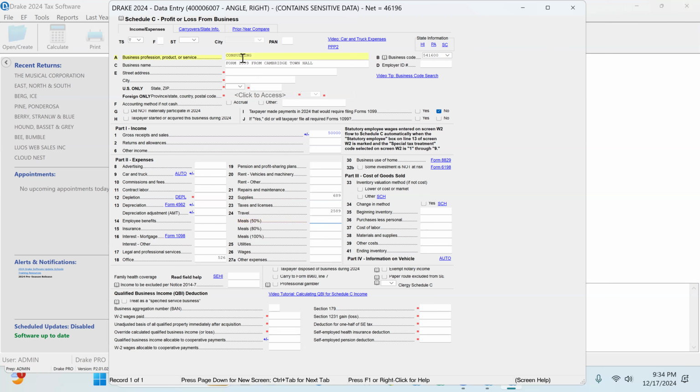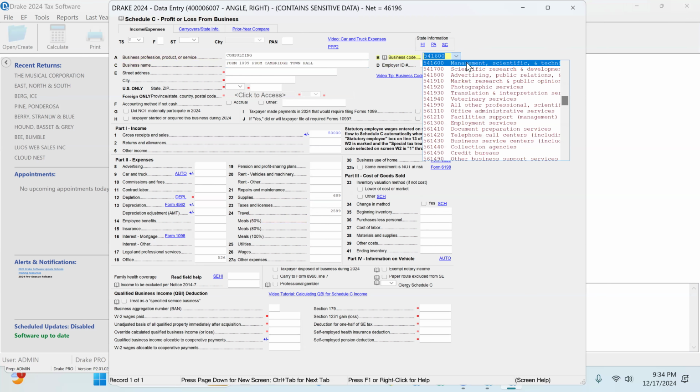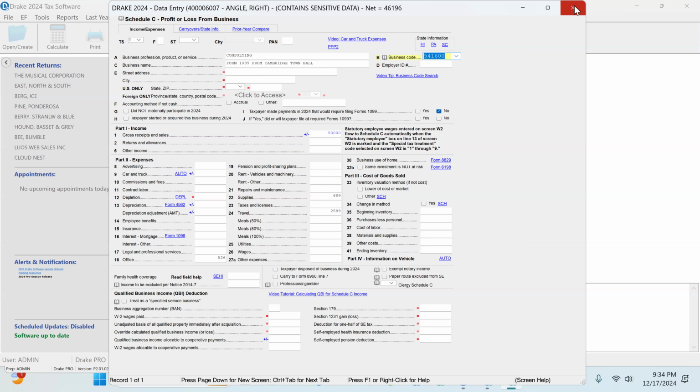So we have the consultation, we have the 1099 from this, and we have a code. What kind of business is it? Okay, let's put consulting in here. This is the very first 1099 of this business. And then, because this is his side business, he still has another K1 from his law firm.